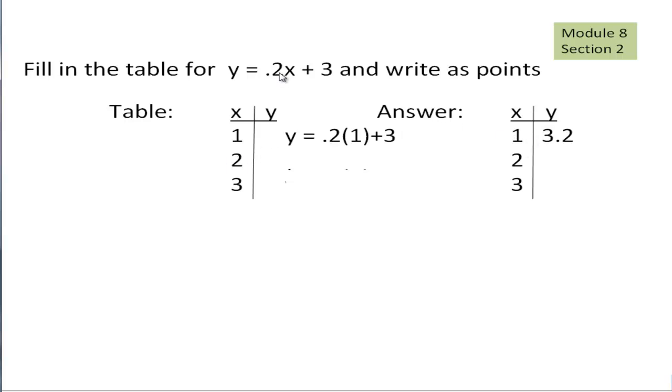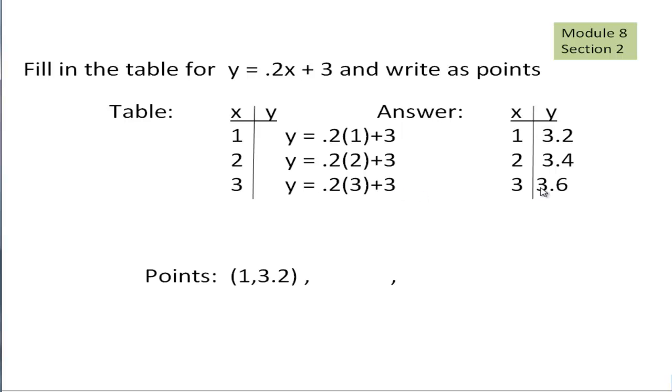Okay, plug in 2. 2 times 0.2 plus 3. This is 0.4 and 3, so it's 3.4. Then we plug in 3, gives you 0.6 plus 3, 3.6. Now the actual points are 1, 3.2, and then 2, 3.4, and 3, 3.6.